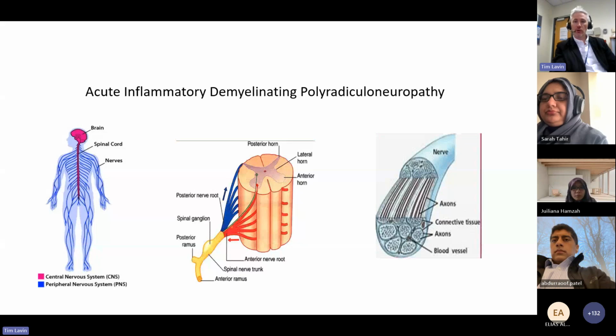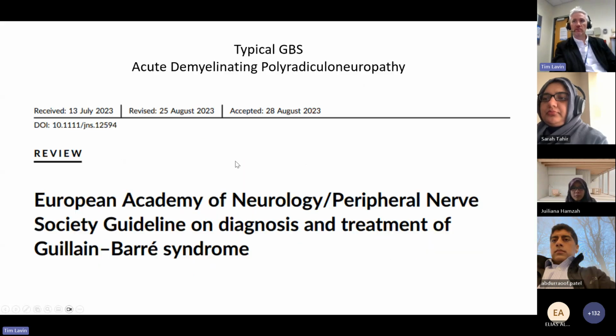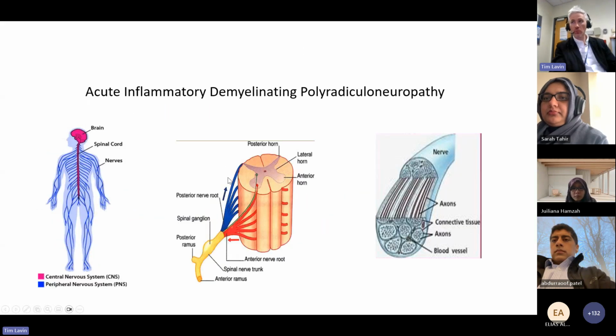It's inflammatory, it's post-viral, and we've not got evidence of an infective process when we did the CSF initially. It's demyelinating because the neurophysiology has confirmed that it is a demyelinating kind of process. And it's a polyradicular, multiple radicular neuropathy. Now, the radicular bit is quite important. So that suggests it's the nerve root which is inflamed as well.